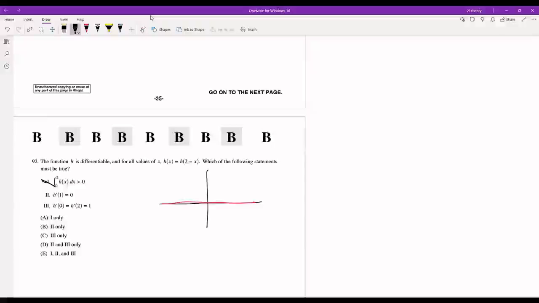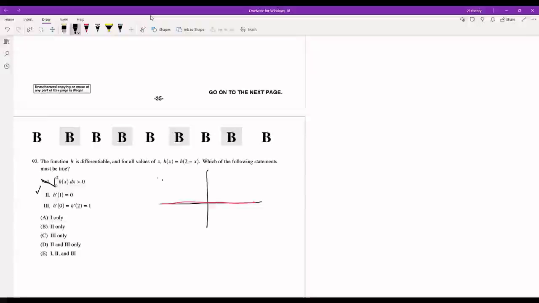Or wait, not necessarily 2 units away, but it's like the same value at 2 minus x. So that means that I think the derivative at all x's must equal 0. So 2 should be right.